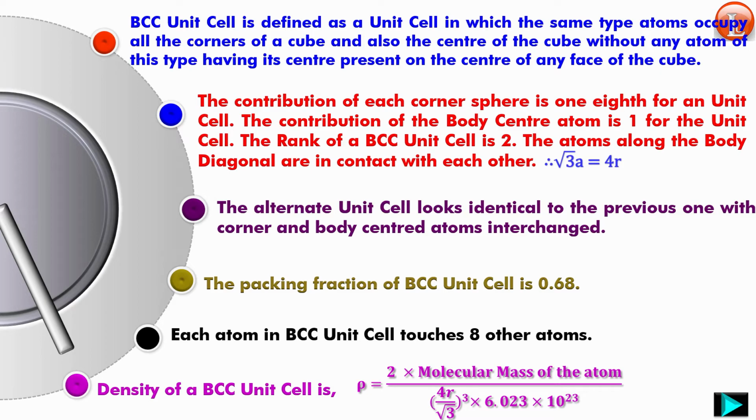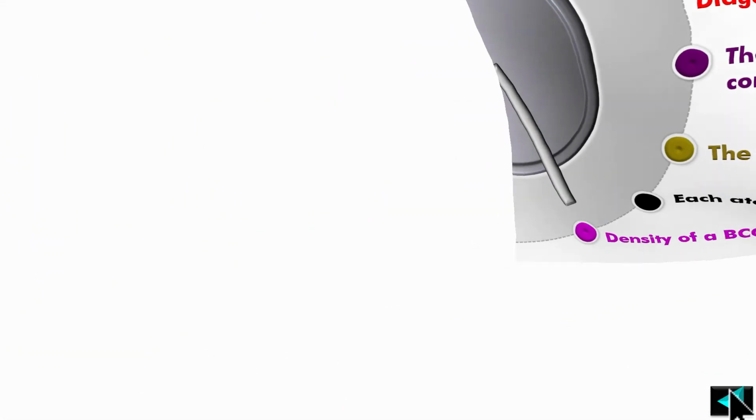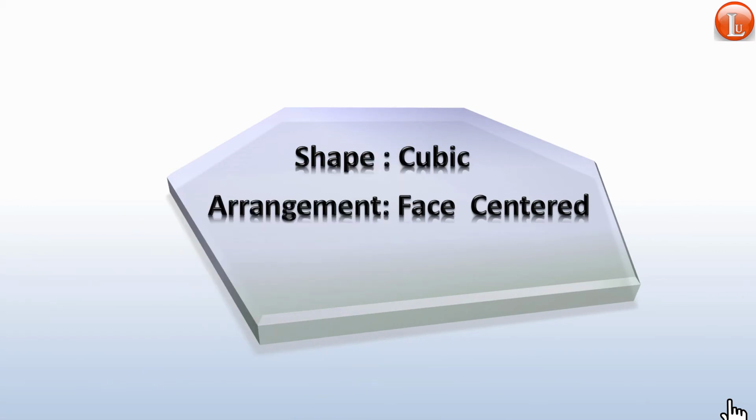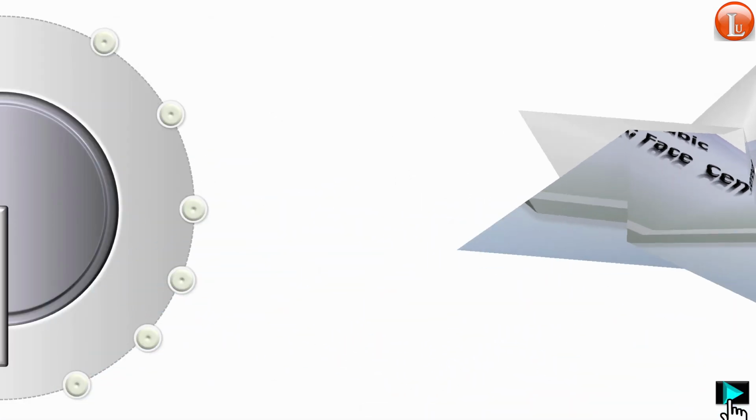And the next one that we go to is called the face-centered unit cell. It's face-centered cubic, shape is cubic, it's face-centered, and let's go to the master. So the bird flew away. Now let's look at what a face-centered unit cell is defined as.